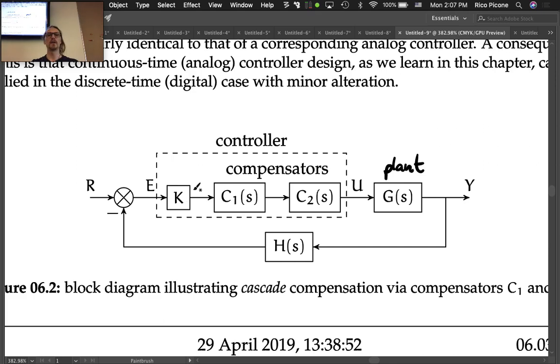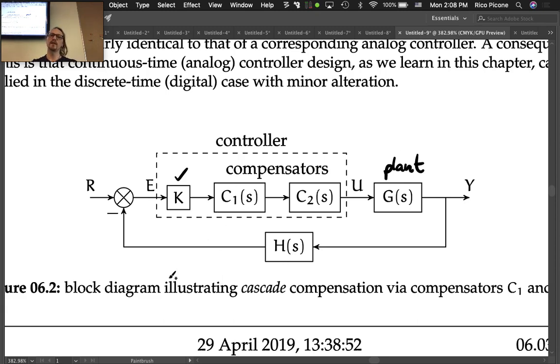So what we do is we first design a gain controller using the same method from lecture 6.2, and that's our first controller design. Okay, it's the first start. It's the easy one. It's the one we know how to do already. Just gain control. Okay, adjust the gain based on the root locus. Get as close as we can, and then the next step is to do some compensation.